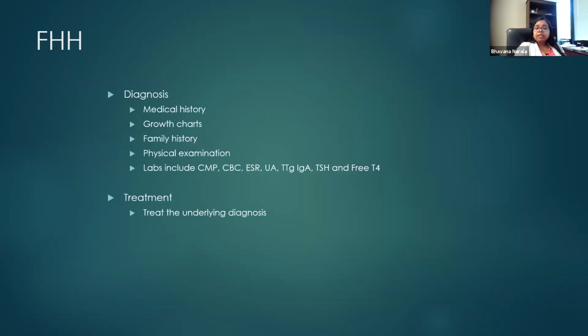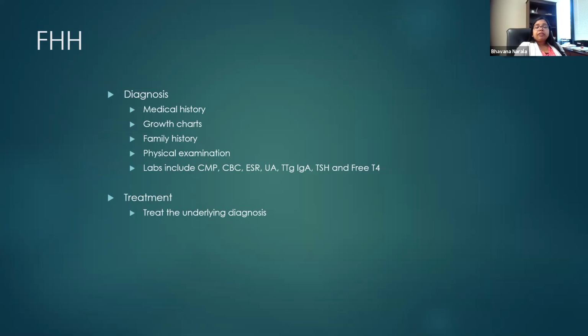So for diagnosis, you're going to need a really good medical history, look at the growth charts, see what the weight is doing, and then family history. If there's a strong family history of autoimmune conditions, definitely think about that. Hopefully, physical examination will give you some clues, and then labs.